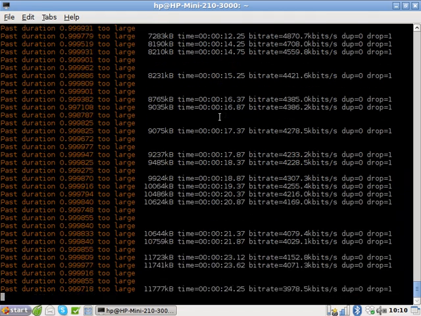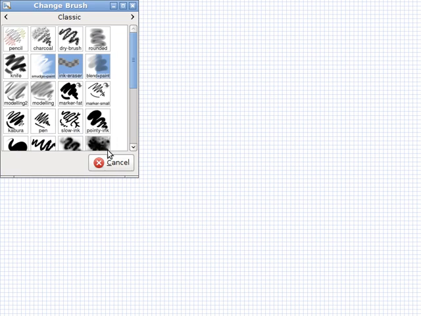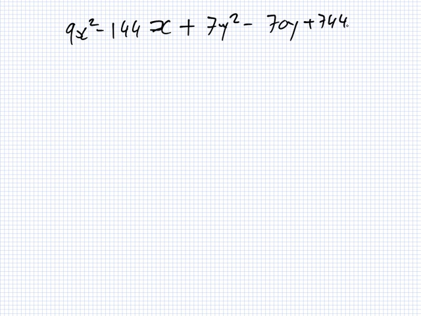Okay, so what did you do then? Let's have a look. I did 2 times... Read the question out. 9x squared minus 144x plus 7y squared minus 70y plus 744 equals 0, at x equals minus 2.